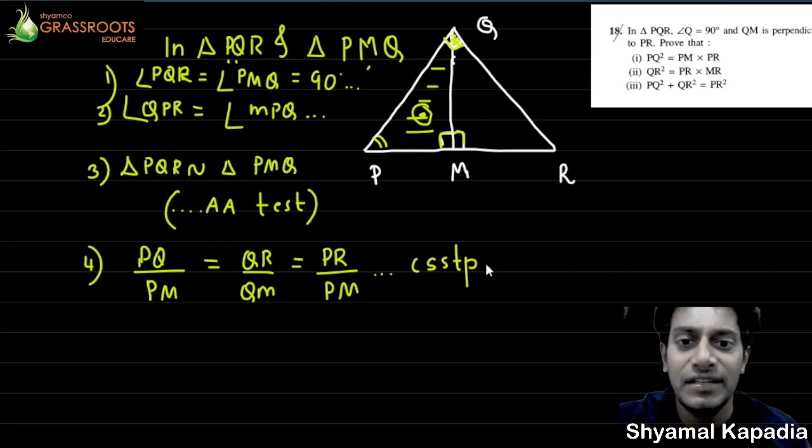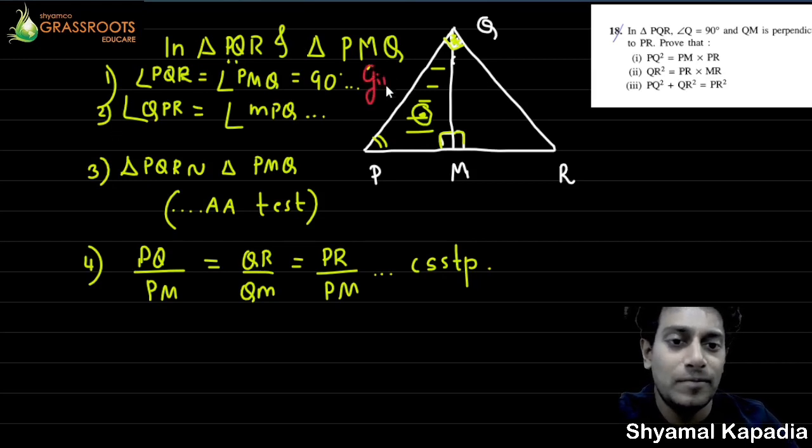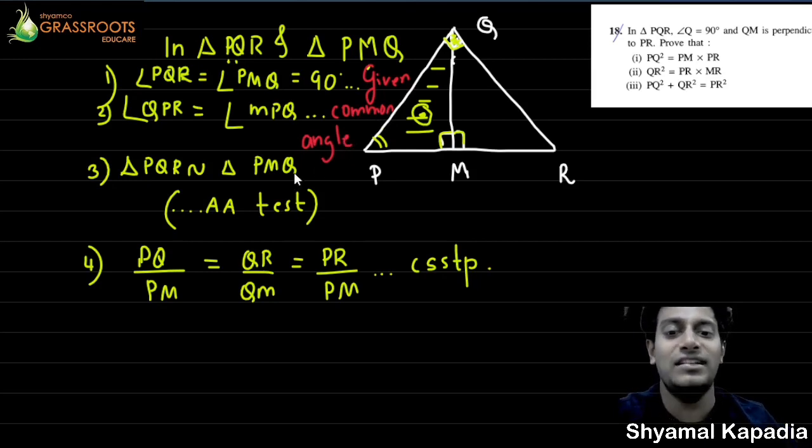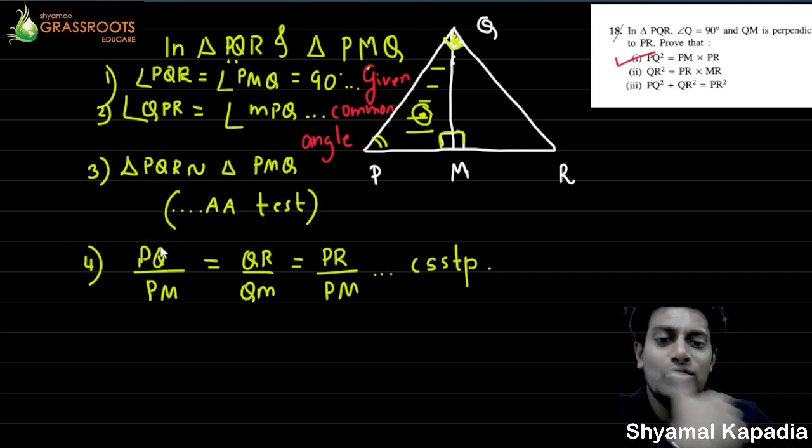Perfect, guys, right? So out here, let's write down the reasons. A few reasons have not yet been mentioned by me. This was given. This was common angle. This was angle test and CSSTP. Perfect. Now look at the first one. PQ square. One second, students, I have made a mistake.